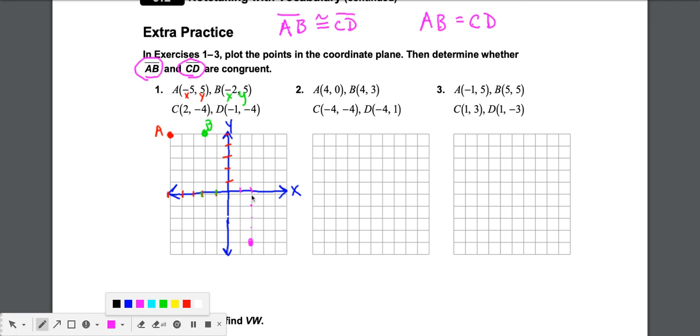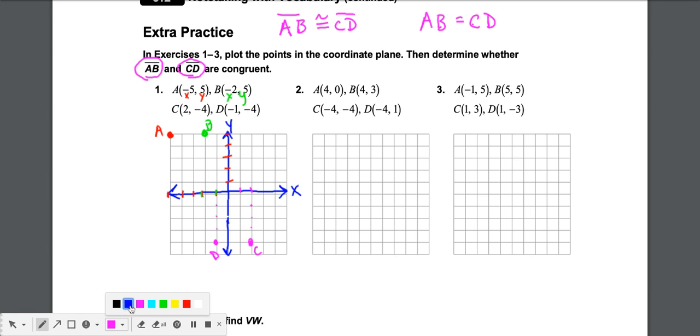So it's +2, -4, and we're going to label that C. Then the last one is D, and we're going to go -1, -4. Remember, I always go left and right first, then I go up and down. From the origin, from the center, I'm going to go -1, and then down 4. That would be down 1, 2, 3, and 4. That one is my point D.